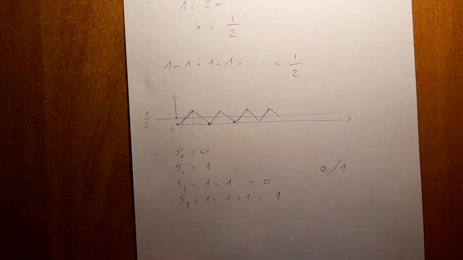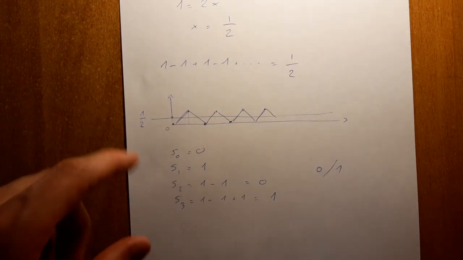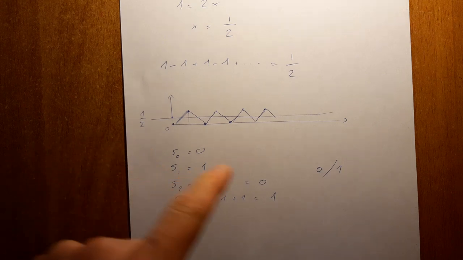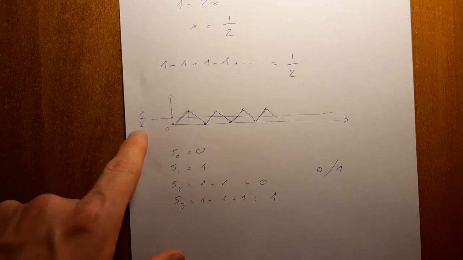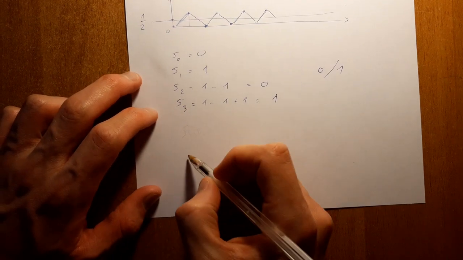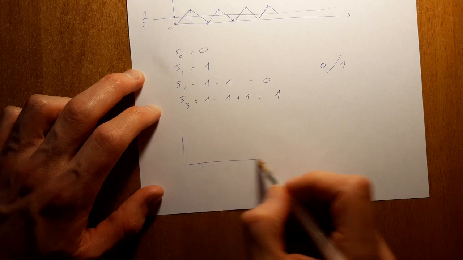If we zoom out from this graph, we can notice 1 over 2, a half. It's like a condensation of this series that gives a half. We can also make a step graph, a histogram, like this.